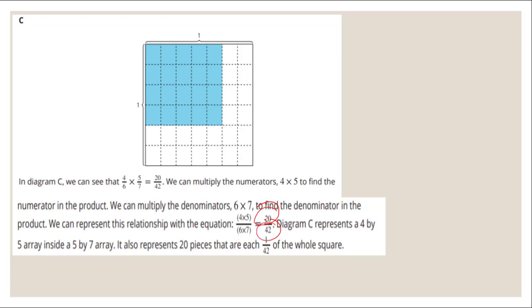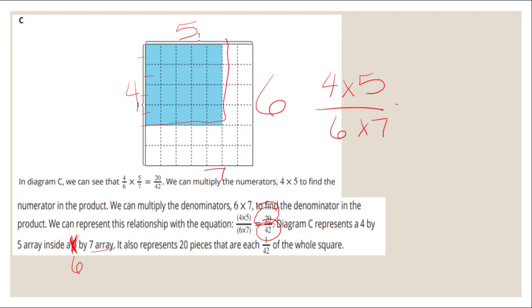So diagram C represents a 4 by 5 array. So we've got 1, 2, 3, a 4 by 5 array. That's the shaded. This should say 6, not 5, because it's inside a larger 6 by 7 array.